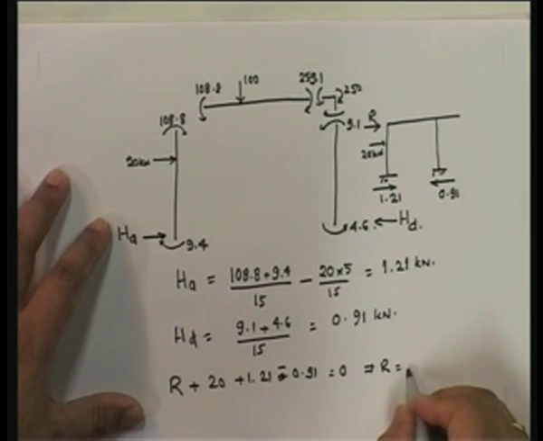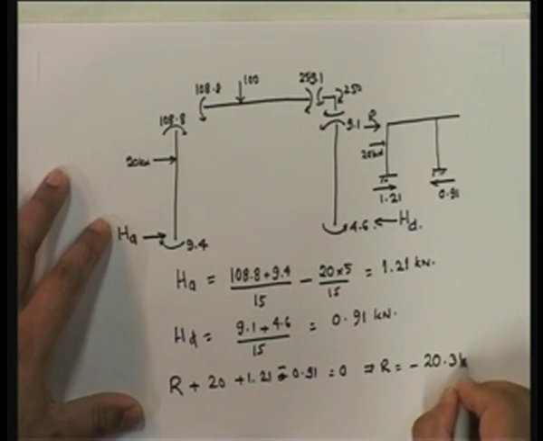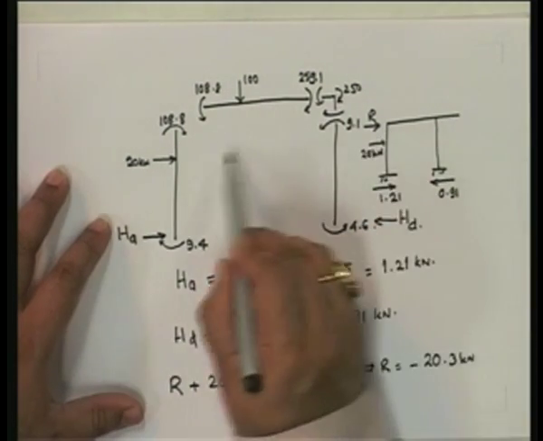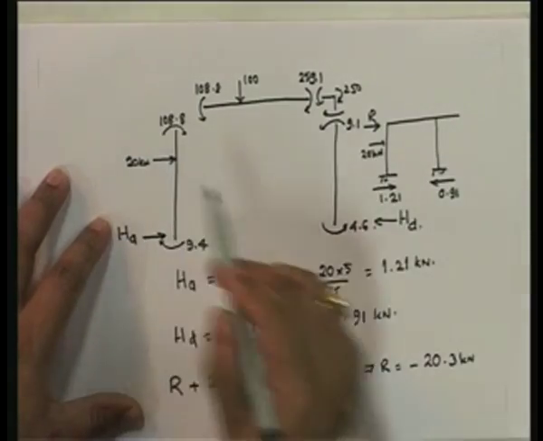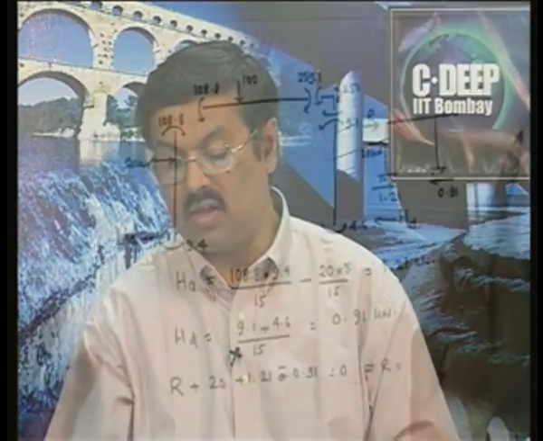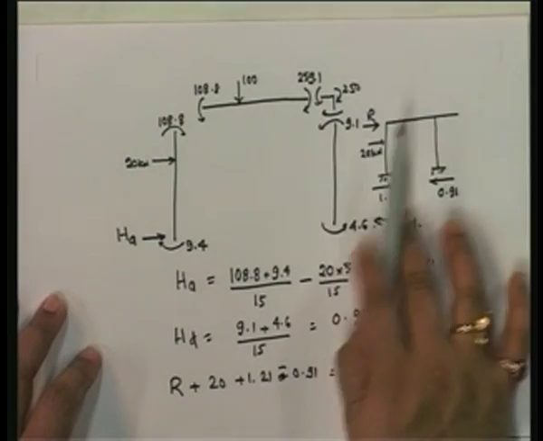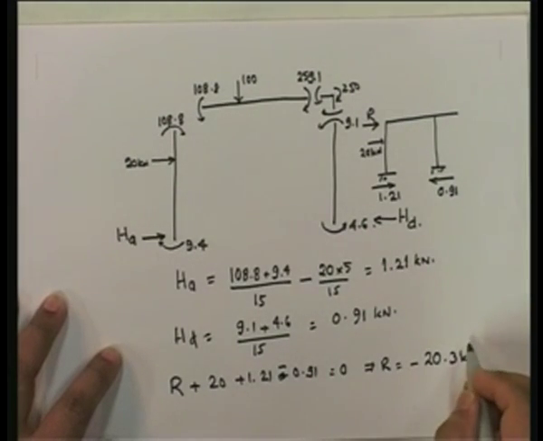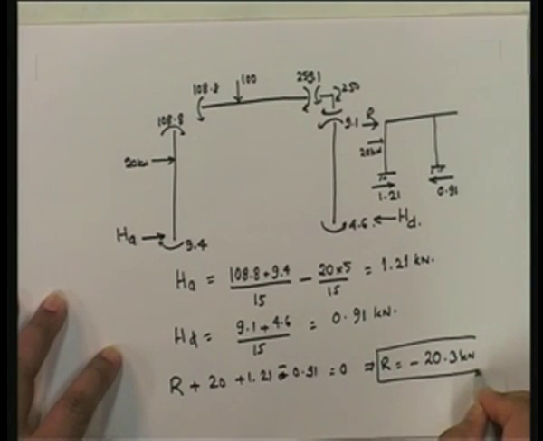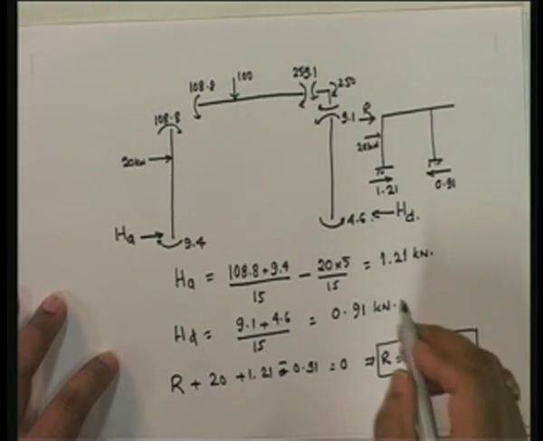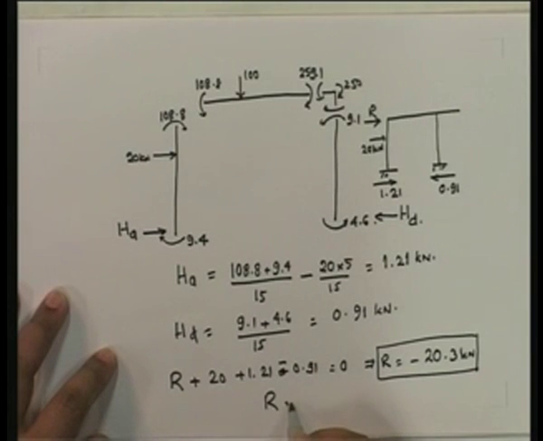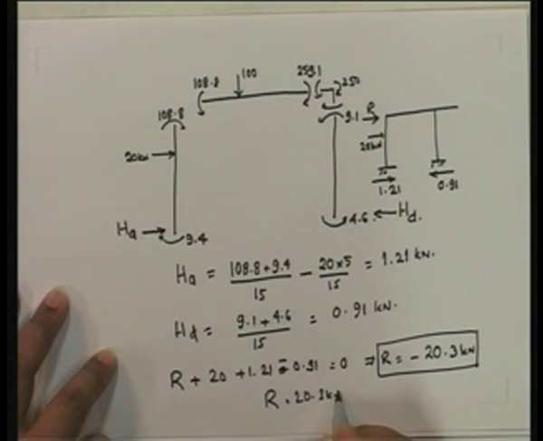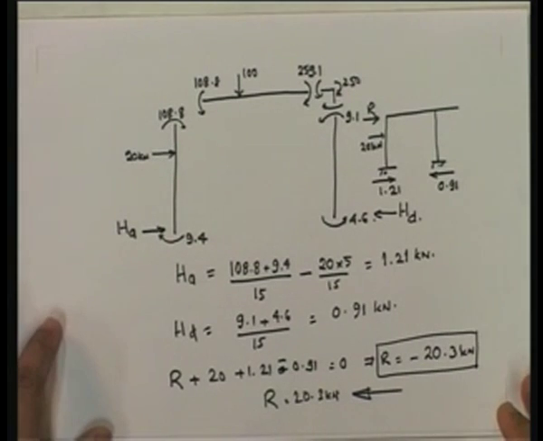This implies R is equal to minus 20.3 kilonewton. In other words, the reaction is in this direction. What does that essentially mean? That means that actually the structure wants to sway in this direction and you are restraining it, and therefore you generate a 20.3 kilonewton force. So R is equal to 20.3 kilonewton in this direction.